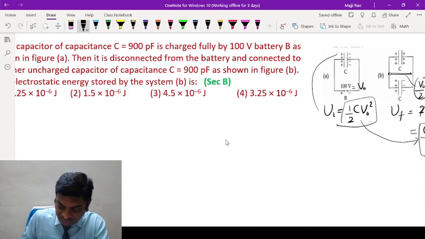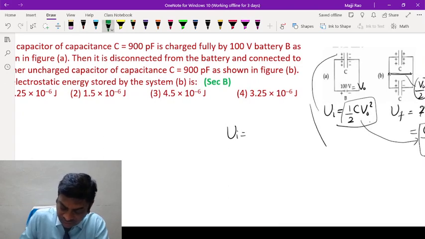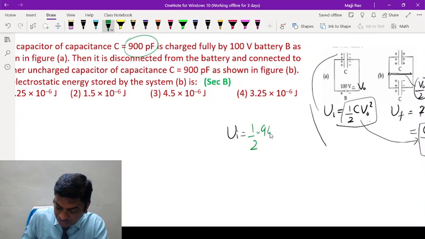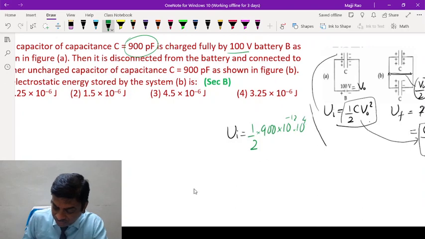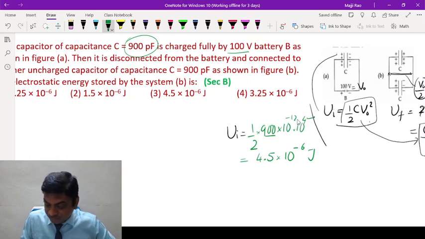So let us see what is the initial potential energy. Half C is 900 pico. Pico means 10 power minus 12, into V square. V is 100, 100 square is 10 power 4. So this will be 4.5 into 10 to the power minus 6, because 2 zeros from here and 4 zeros from here give 10 power plus 6, and this is 10 power minus 12.